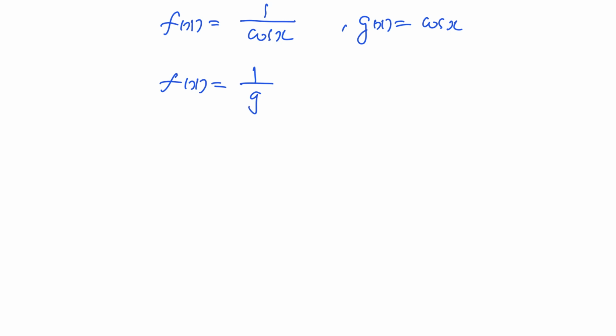For example, when f of x is 1 over cosine x, and let's say g of x is cosine x, then f of x is 1 over g, right? What happens? df/dg is minus 1 over g squared, right?